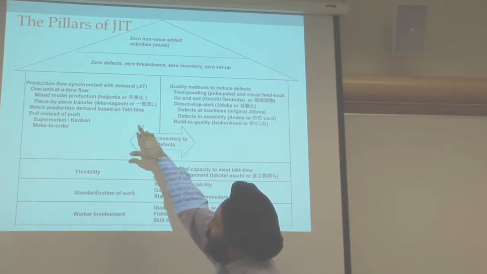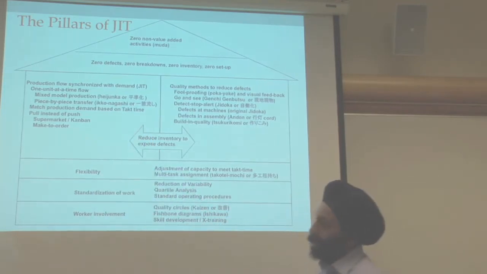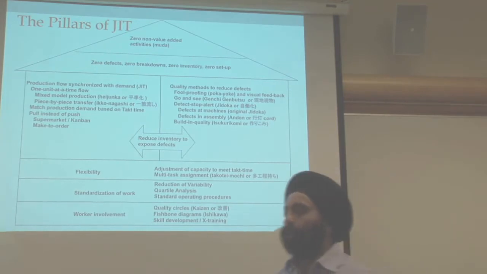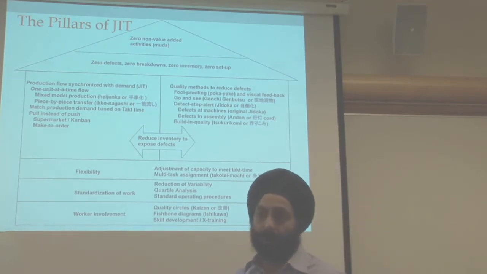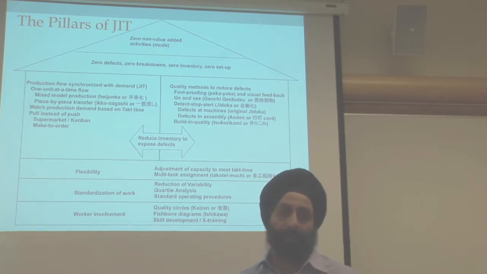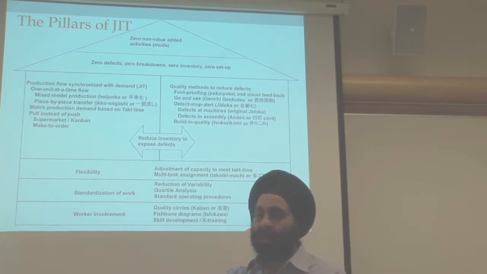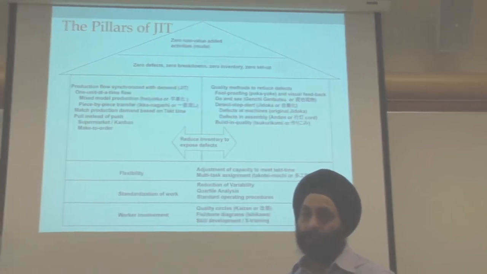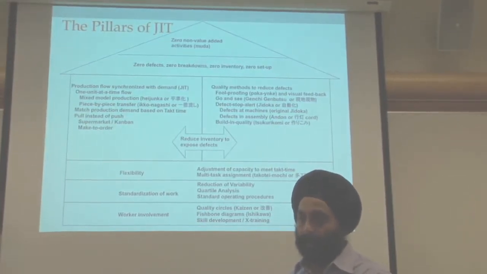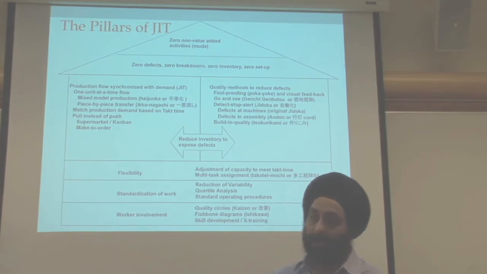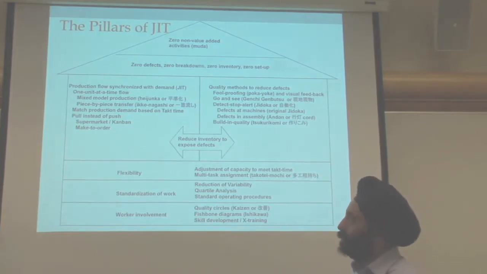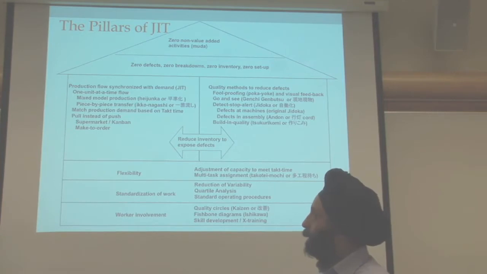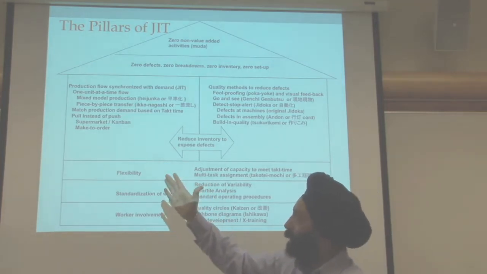Mixed model production, Heijunka, which is on the same shop floor, you are making two different types of products, or more than two, thereby taking away the situation where you're underutilizing machinery because you have three different production lines for three different product variations, and if the demand is not there, you are underutilizing those machines and that's a waste, which can be easily rectified.